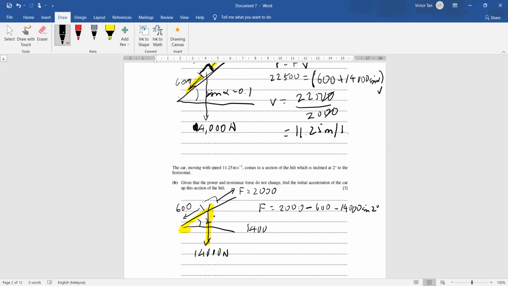So this is 1,400 A equal 2,000 minus 600 minus 14,000 sine 2 degrees. 911.4. 0.651 meters per second squared. Okay, that's it.